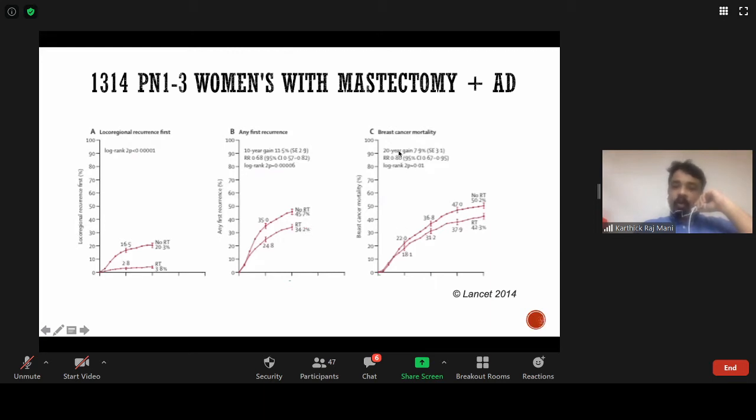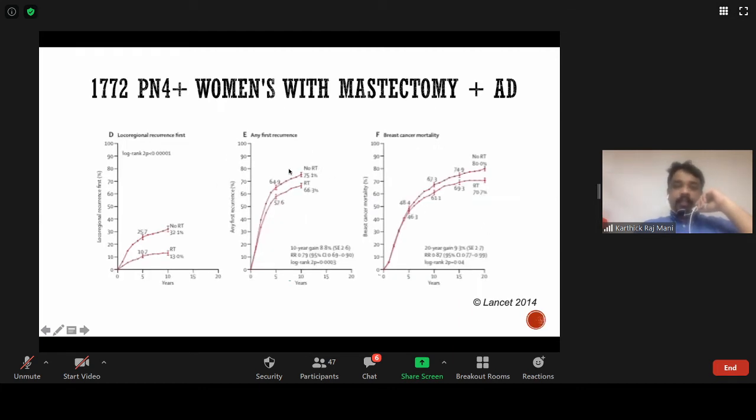For overall breast cancer mortality, we have a difference of around 8% with and without RT. And if it is pathologically more than 4 nodes positive, the loco-regional recurrence difference is about 27 to 30%, any first recurrence has an advantage of about 9%, and overall breast cancer mortality has a difference of around 10%, which is substantial.